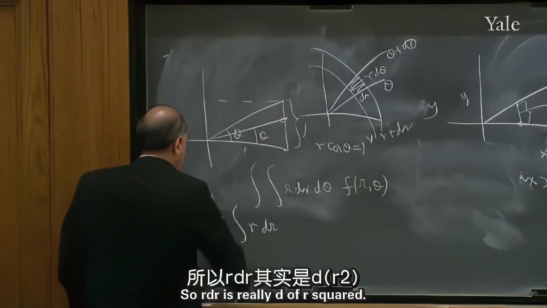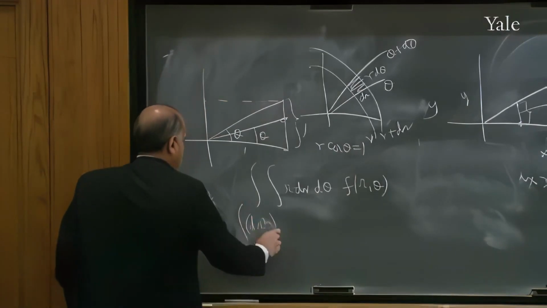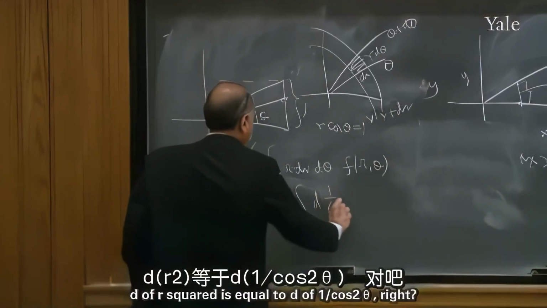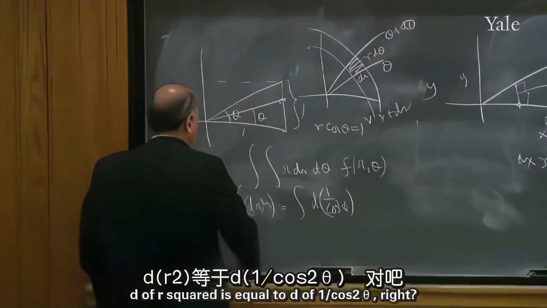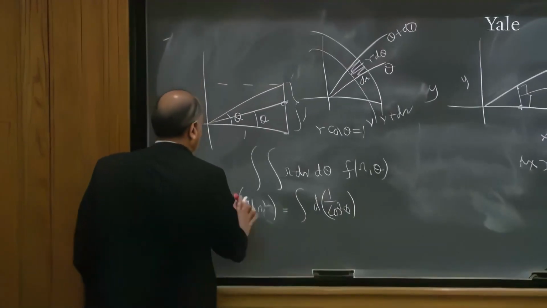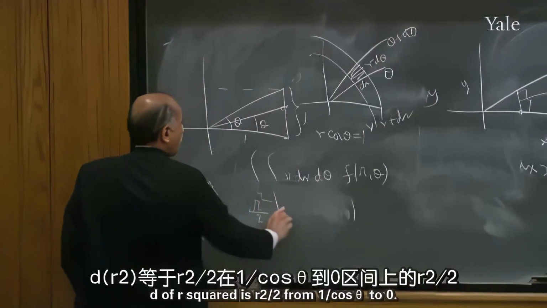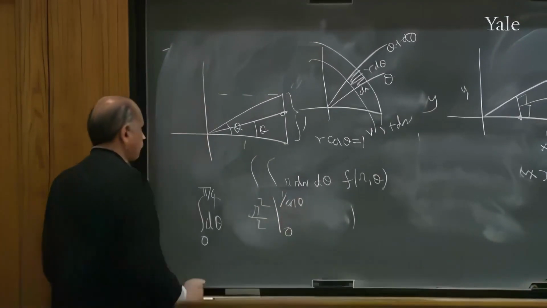So r dr is really d of r squared over 2. Let me do it this way. The integral of r dr is r squared over 2 from 0 to 1 over cosine theta.